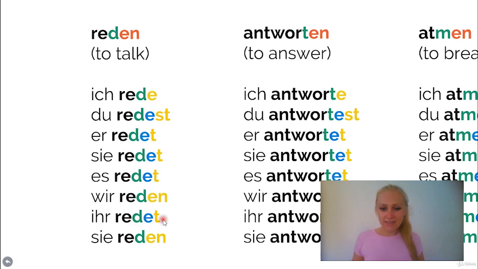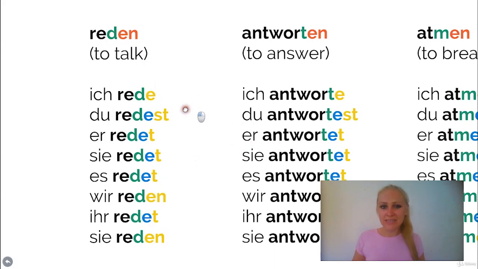Ihr redet, sie reden. As you see here, the blue e is the extra e that you have to add. Here you have an e anyways. This is for the normal conjugation, no matter which letter is at the end of the stem. Just the blue e's you see, you have to add in addition because the stem ends with a d.